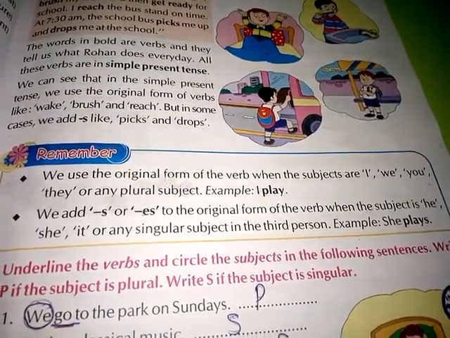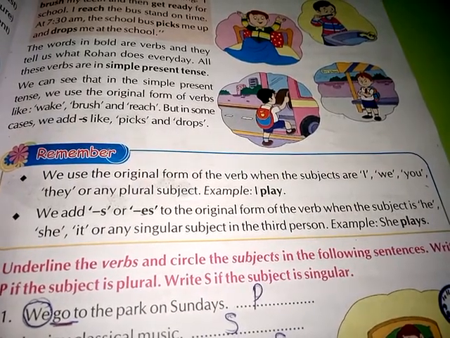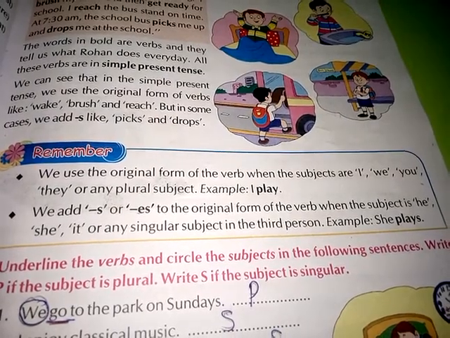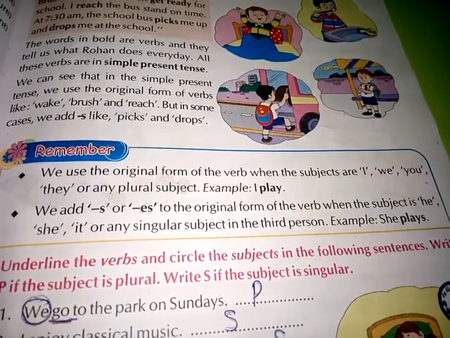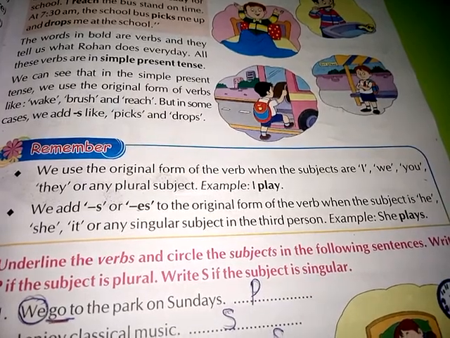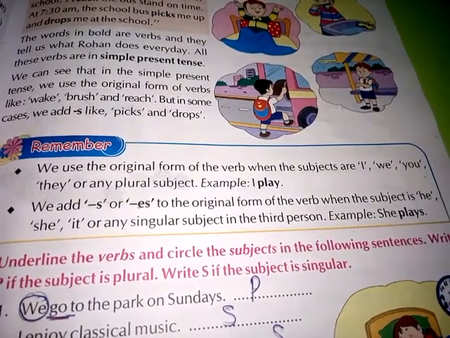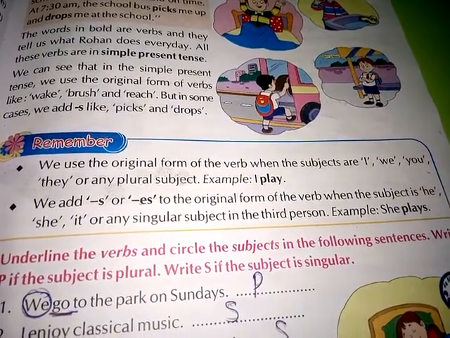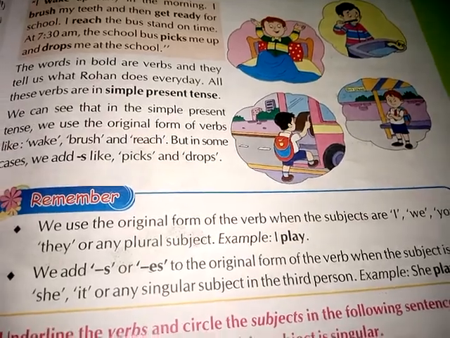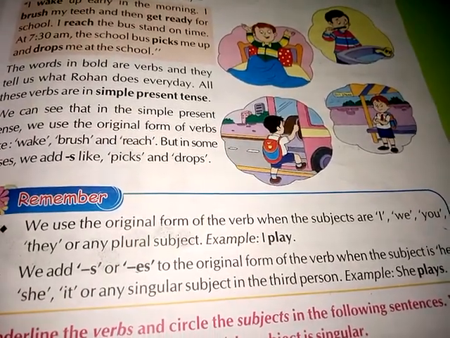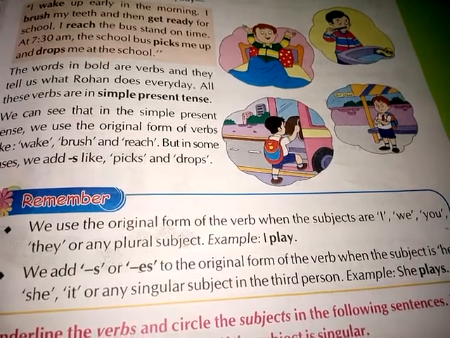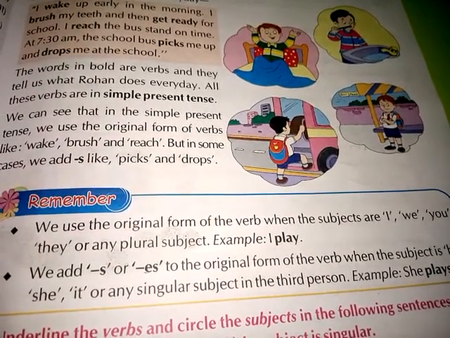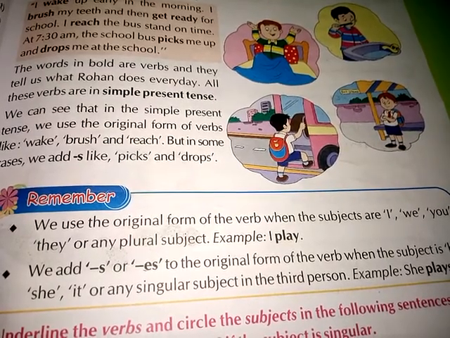We add s or es to the original form of the verb when the subject is he, she, it, or any singular subject in the third person. For example, she plays. Dear students, please remember that with I, we, you, or any plural subject, we have to use the original form of the verb.